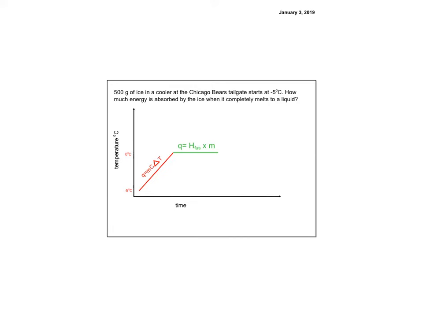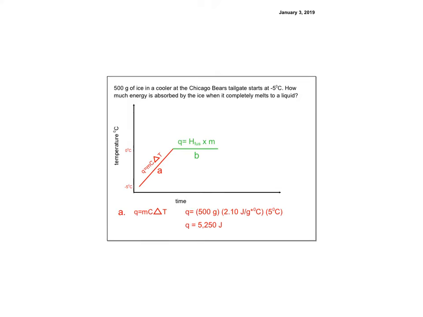So I put the calculations that go with each segment on the graph, just to help me. You don't have to do that. I called that red line segment A. It's a slanted line, so we're going to use the Q equals mc delta T equation. We're going to take the mass, which is 500 grams, given to us in the problem, times the specific heat of water when it's a solid.